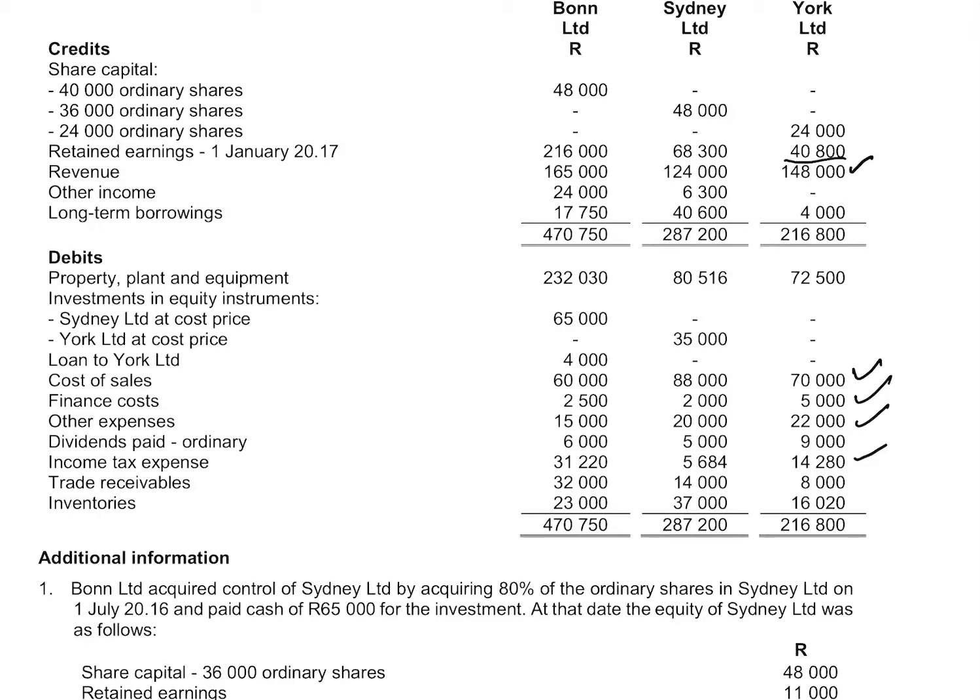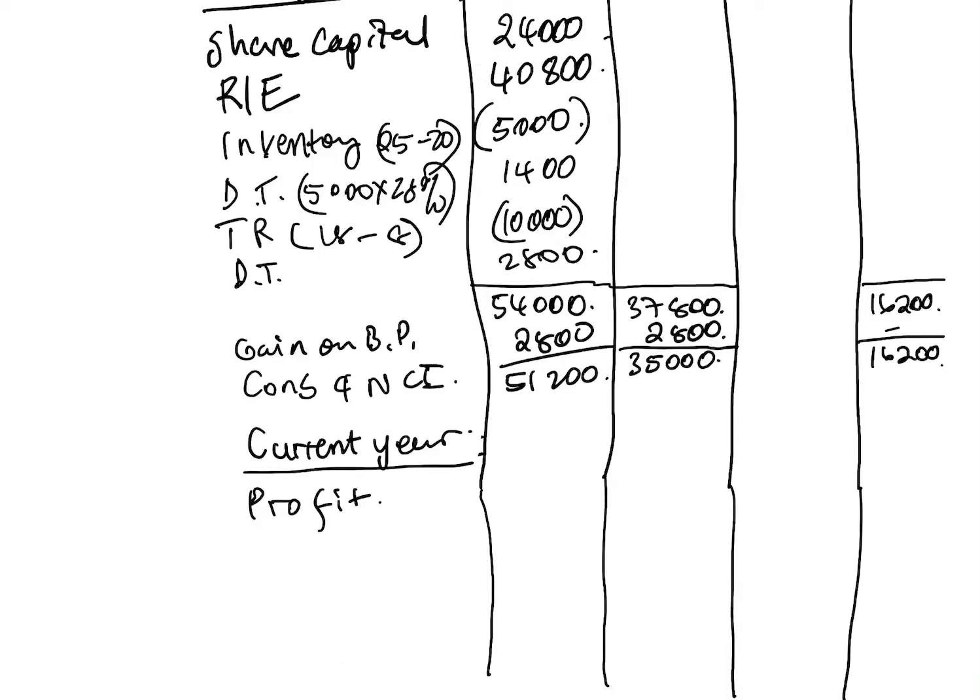Right, so after getting that, what we need to be careful on is this inventory and the trade receivables that we wrote down to fair value. In the current year, we are going to realize them together. Please take note, whatever you subtracted at acquisition, or what was reducing your retained earnings, you are going to realize it.